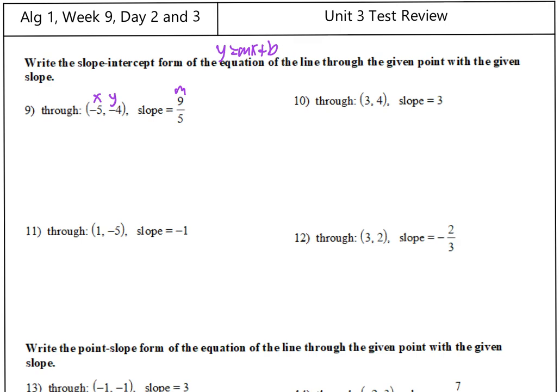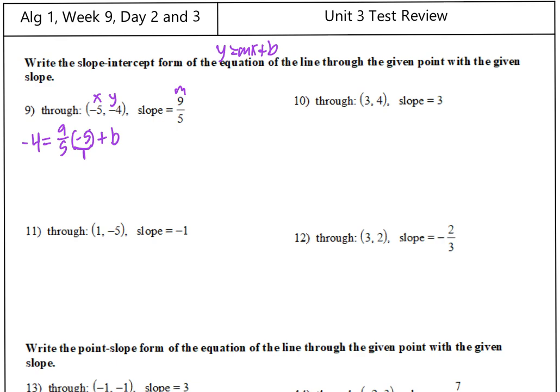So that would be -4 equals 9/5 times x, which is -5, and then we don't know b, so we put plus b. Every time we do this, the first step is going to be to times the slope and the x value together. And if the slope is a fraction, that means that you'll likely have to put -5/1 and then multiply.